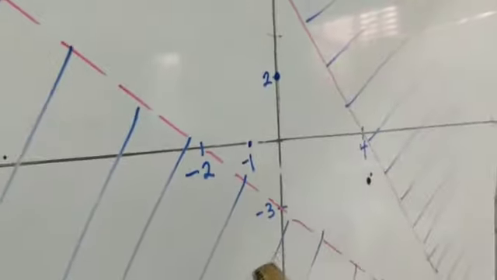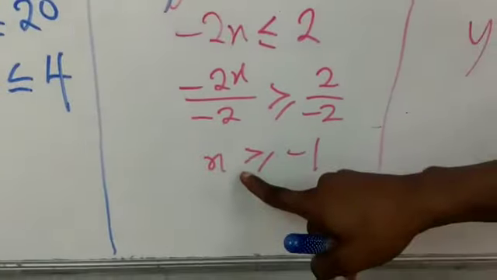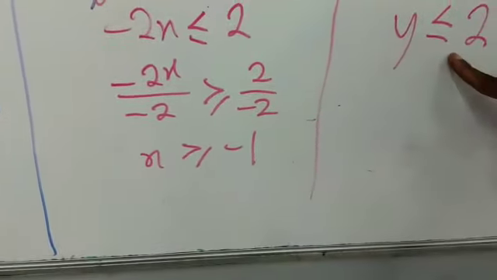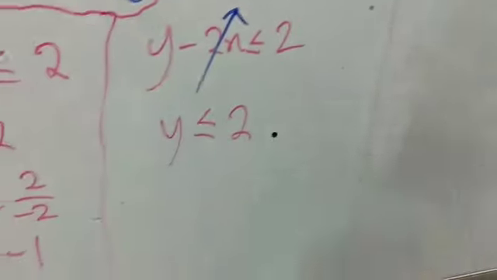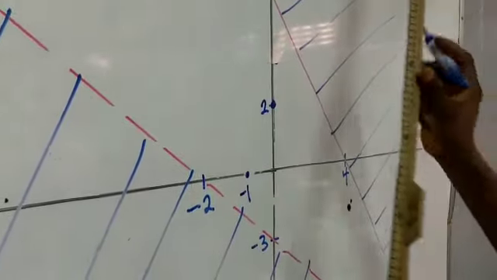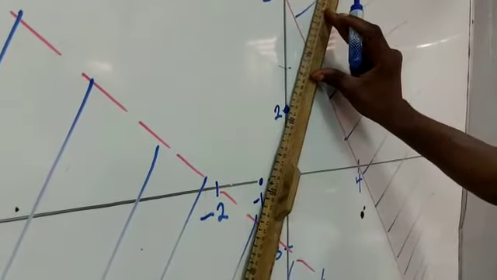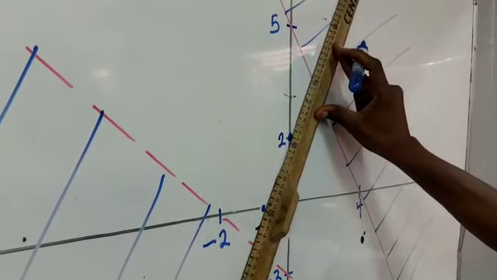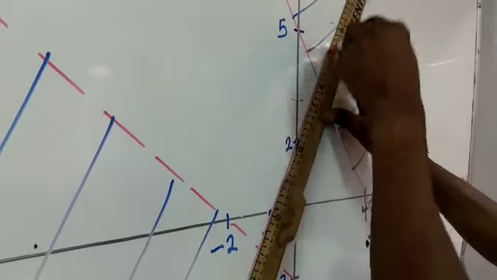Okay, as usual we are going to join them together, but you can see we have x is greater than or equals to, and here you have y is less than or equals to. The fact that you have or equals to means we are going to join them together using a thick line. Okay, so joining them together using our thick line, we're going to have something that looks like this.